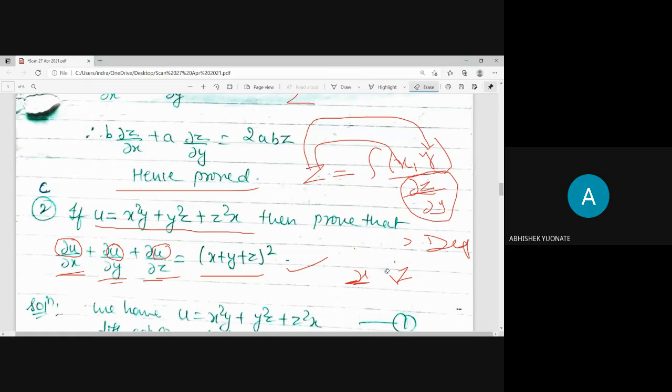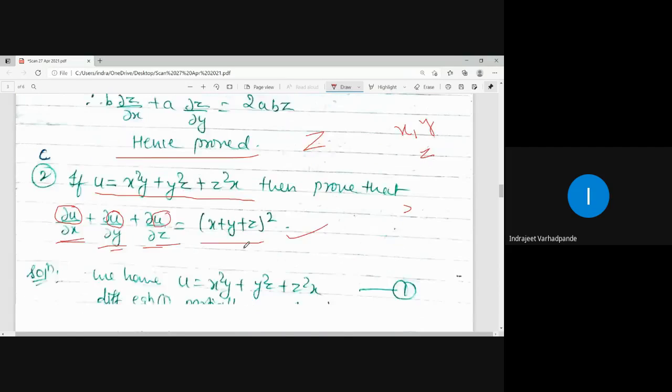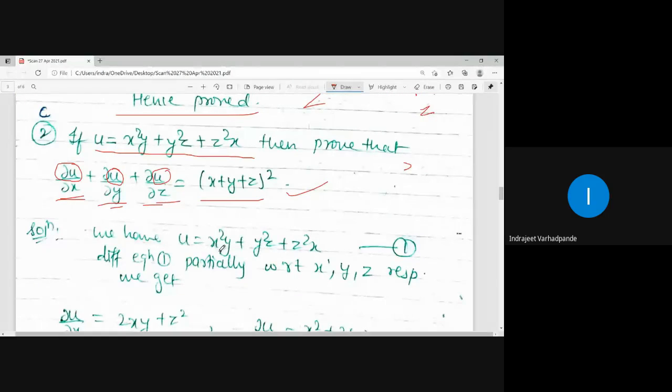Yes, sir. So not only the one variable, but whatever are the remaining variables, they are all to be treated as constant. So we have u is equal to this. Differentiating equation 1 partially with respect to x, y, z, we get. We finish this solution.